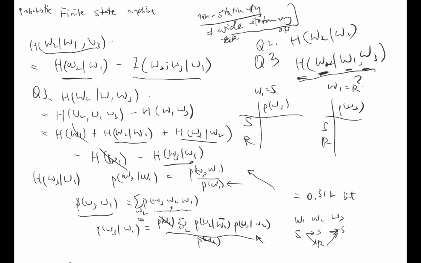The probability for this path here is: sunny to sunny, I think, is 0.95, and sunny to sunny again is 0.95 again.